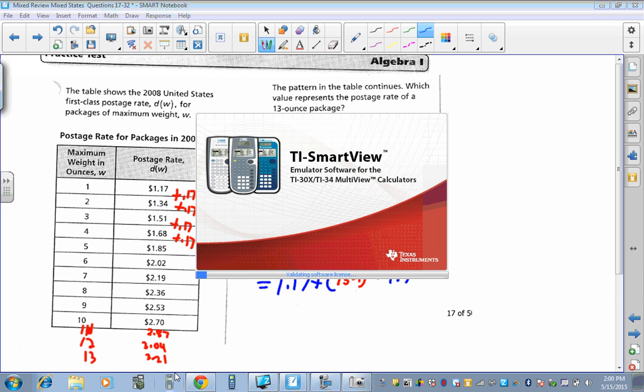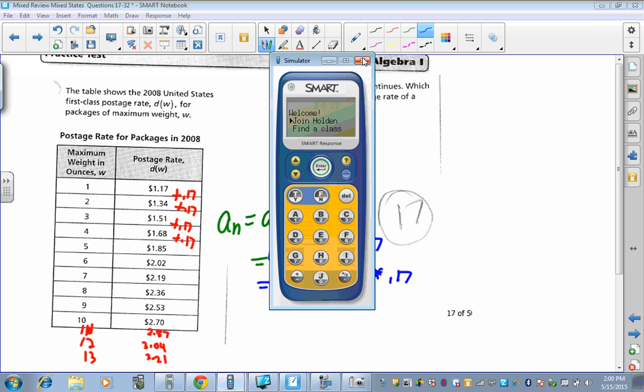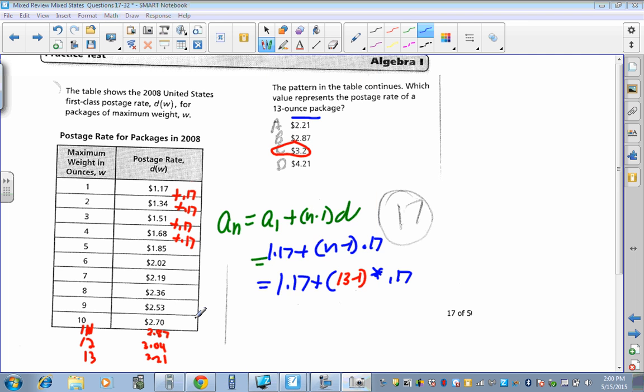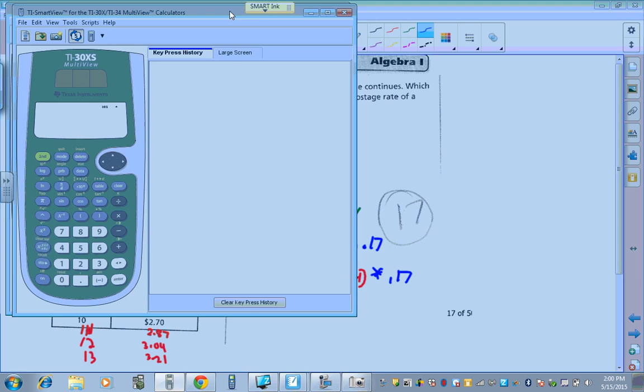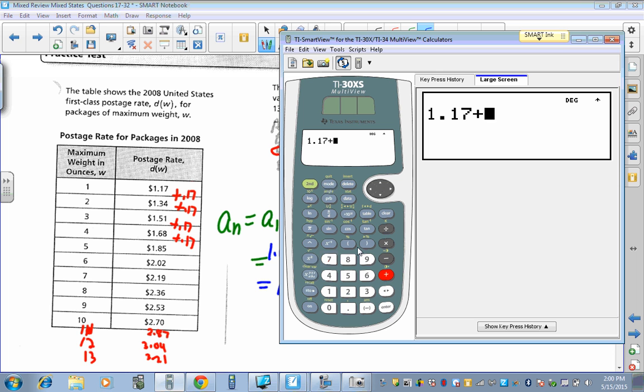You'll see that it works out on your calculator also. Here's my calculator. All right, so $1.17 plus n minus 1 times the common difference.